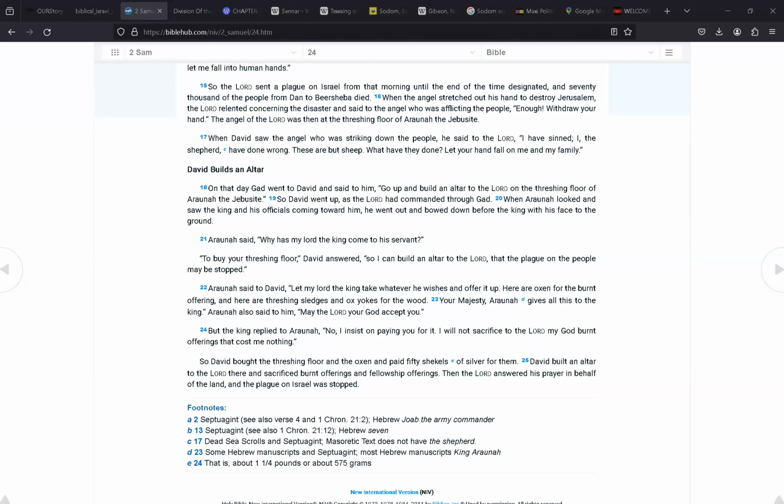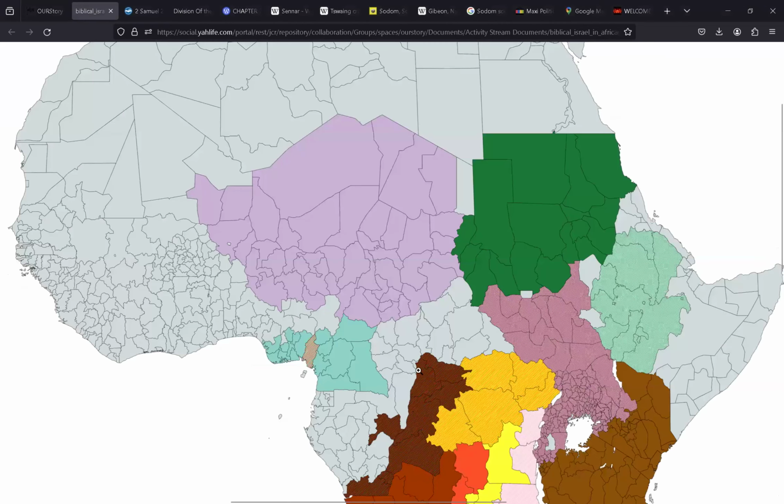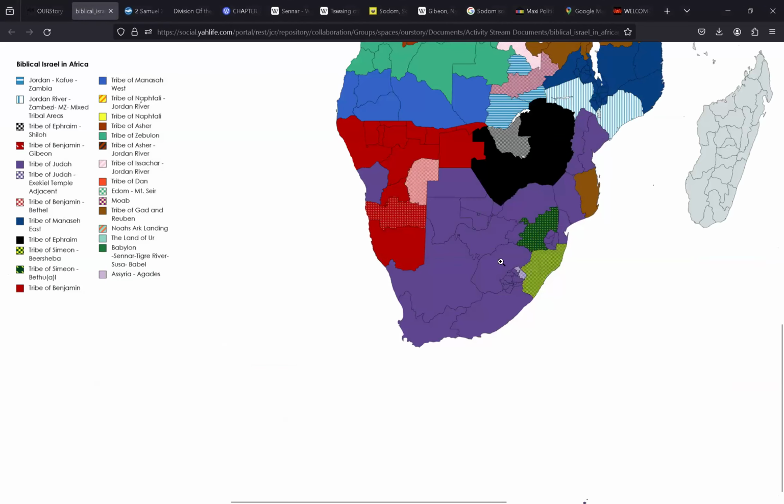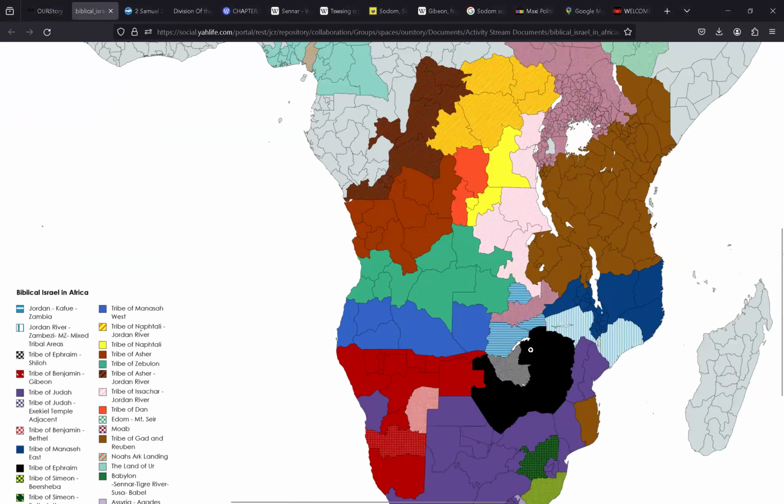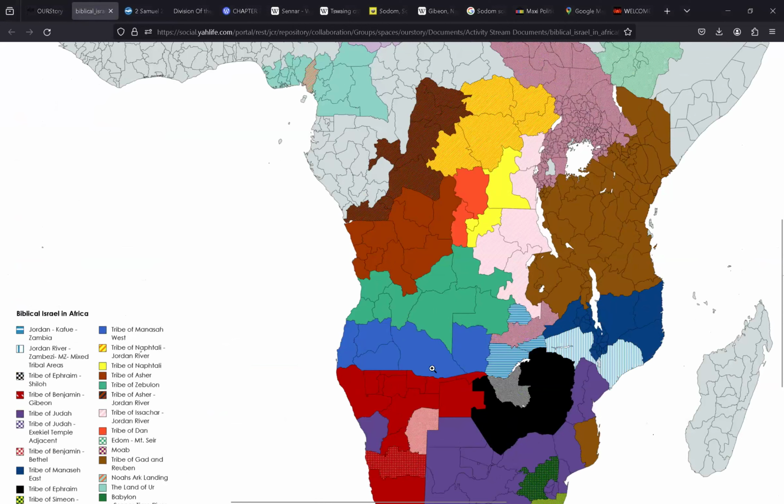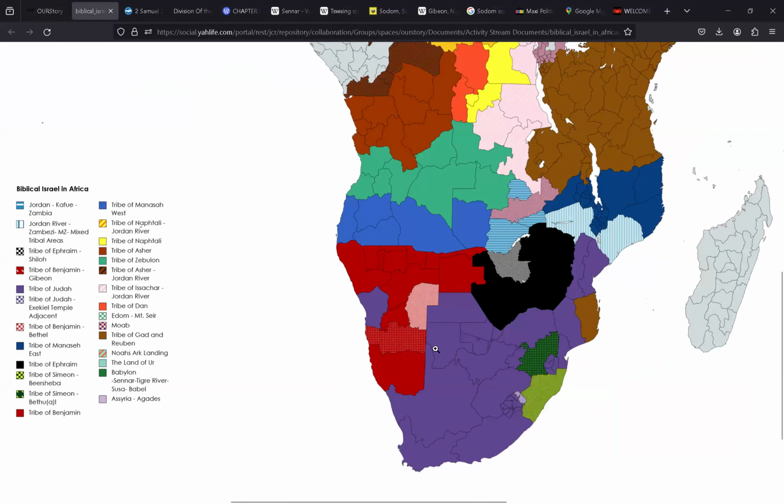So Bathsheba was in the territory of Simeon, which would have made it in this area. And Aruna, his property was in Jerusalem, which would have made it here.